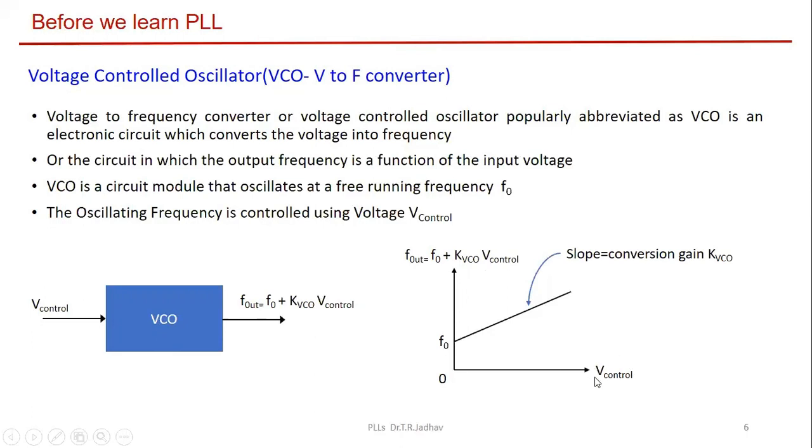As you see in the transfer characteristics, when control voltage is 0, there is no voltage given from the outside, so the VCO output frequency will be equal to F0, the free running frequency. Since control voltage is 0, this factor will be 0, so you will have F out equal to F0.